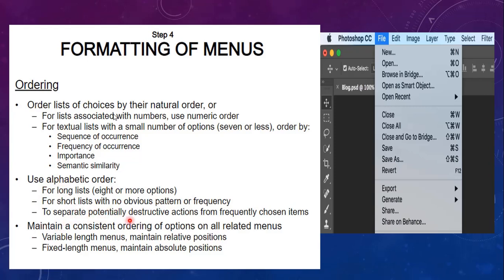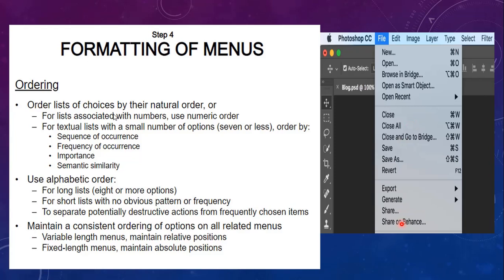And you have to always separate the destructive actions from the frequently chosen items. For example, what are the destructive choices? Maybe delete or clear options, or exit. Such things should always be kept at the last. Why?